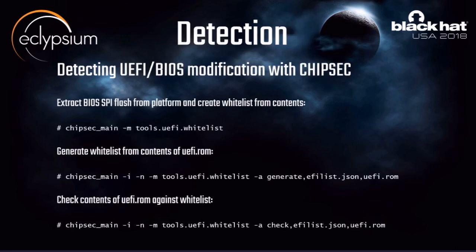So if somebody has already modified your BIOS, a useful way to detect modifications to the system after the fact is to use the chipsec tool, which is a really useful framework for exploring hardware interfaces in the system. You can use it to check for known misconfigurations.